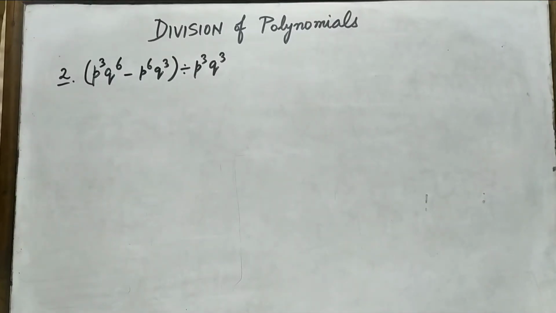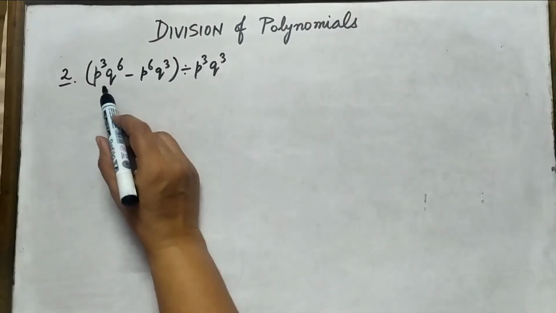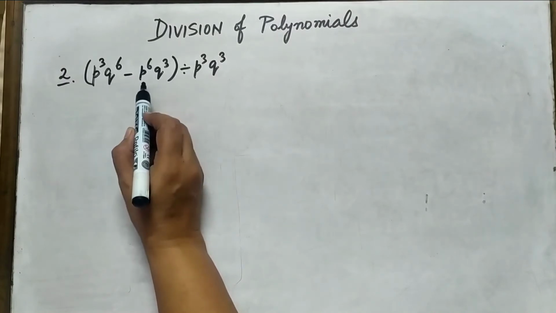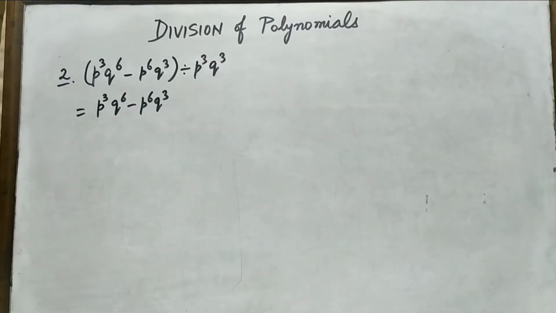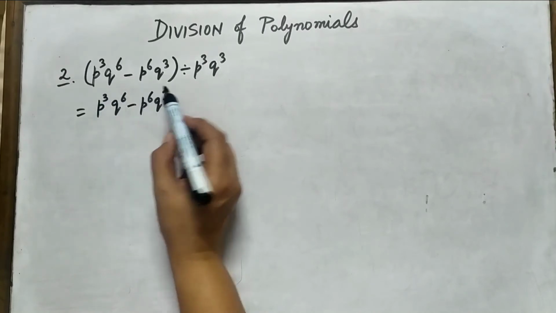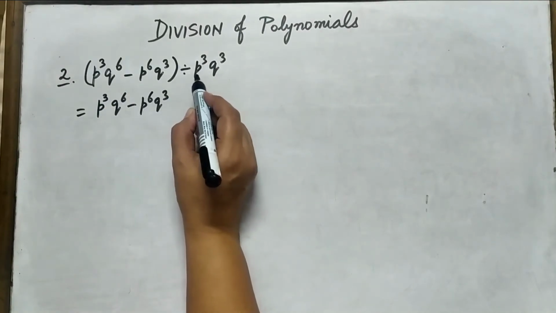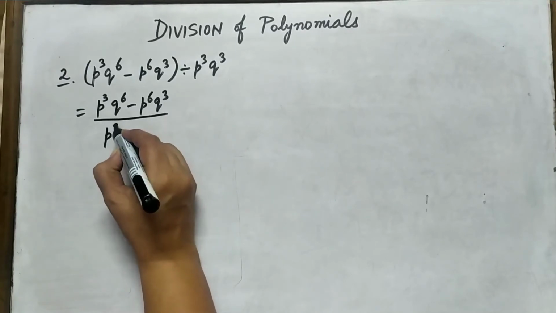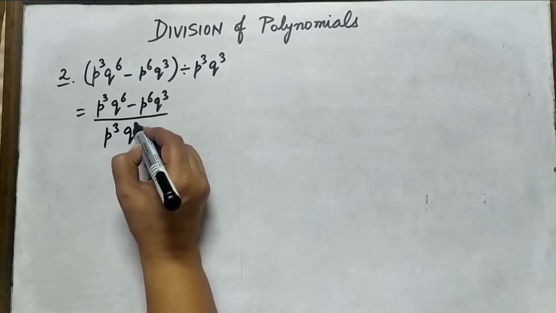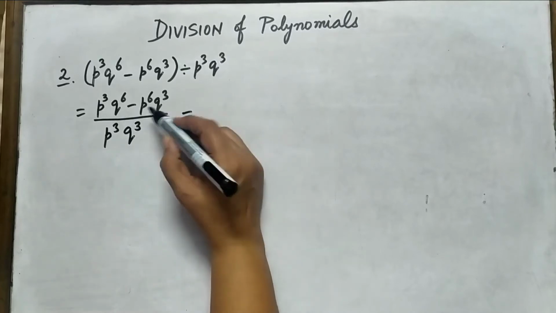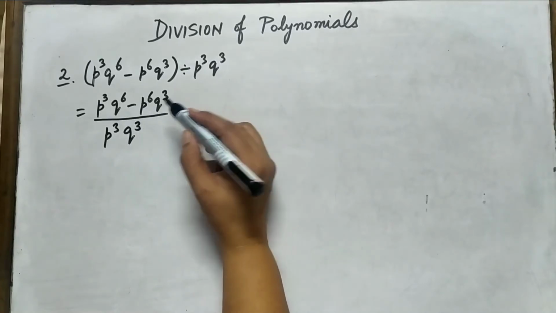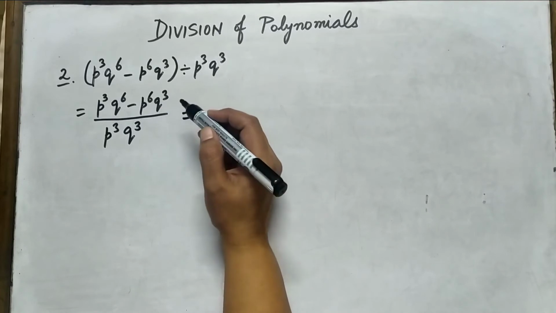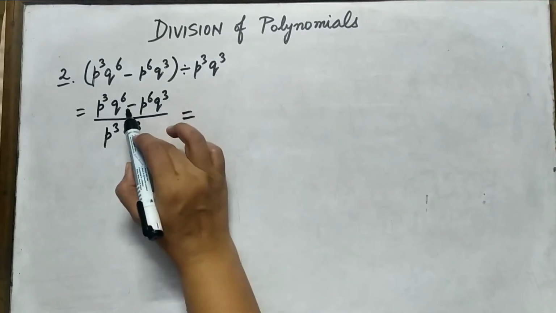In the second example, we are given two terms in the numerator polynomial. First of all, we write the numerator, and the term after the division sign in the denominator. To solve a polynomial having more than one term, it has two terms in the numerator, so what we have to do is split the terms.